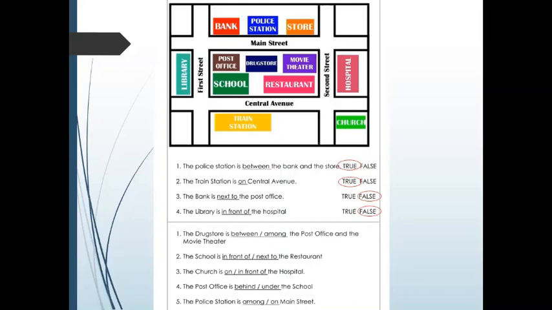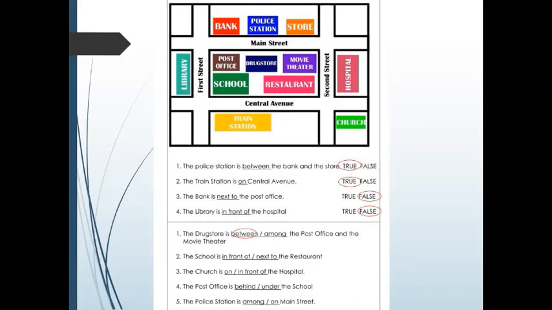So number 1, the drugstore is between or is among the post office and the movie theater. So look at the picture. Is it between or is it among? So the drugstore is between the post office and the movie theater. Remember that we use between when they are just two, right? And among when there are more.